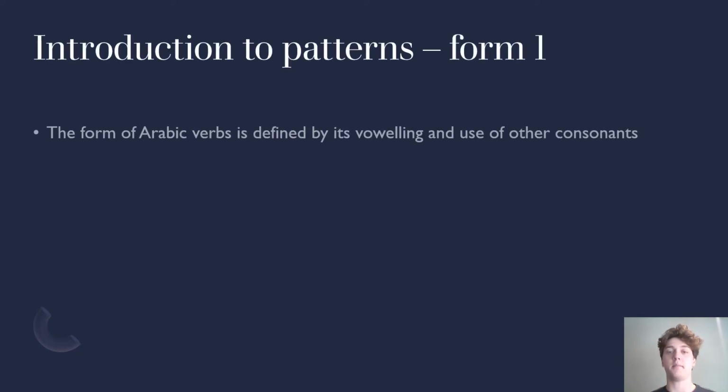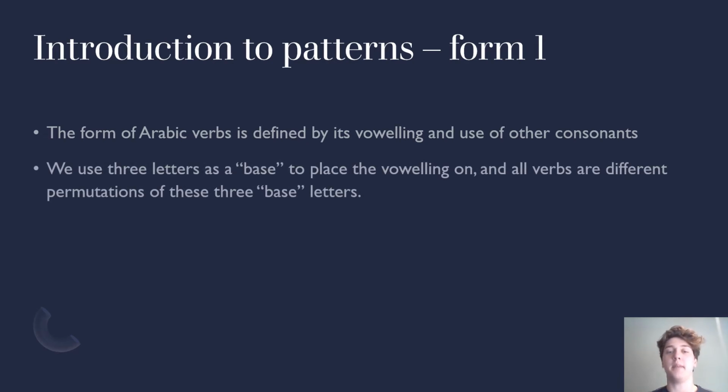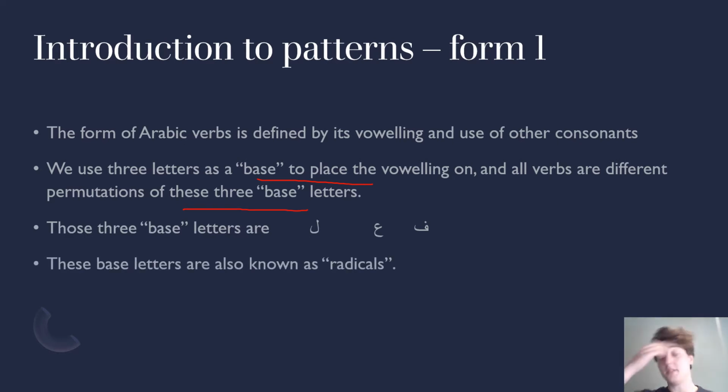The form of Arabic verbs is defined by its voweling and use of other consonants. Again, you don't necessarily need to understand what this means yet, but we use 3 letters as a base to place the voweling on, and all verbs are different permutations of these 3 base letters. And the base letters we use are f, a, and l. Now, when you use different consonants instead of these 3, these are known as radicals. So f, a, and l.